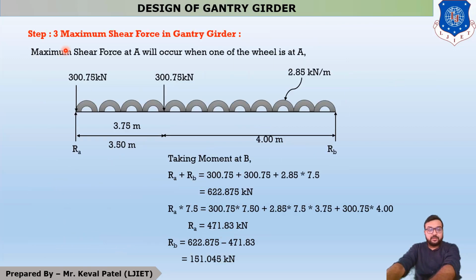So for the third step, we have to find out the maximum shear force in the gantry girder, and we assume that the maximum shear force at A will occur when one of the wheels is at point A. So this is point A and this is point B. Now, point A is subjected to a point load, which is called the wheel load, of 300.75. This is also 300.75, and UDL is acting throughout the span. With the help of this figure, we have to find out RA and RB.